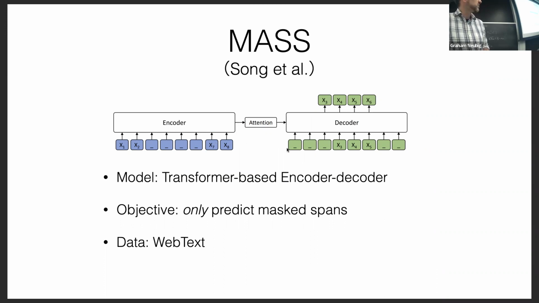And then I had another question, which is why are X1 through X3 and X6 through X8 masked out in mass? And actually X1 and X2 are masked out. In a normal encoder decoder, you would see X1, X2, X3, X4, X5, X6, X7, X8, and then on the input here, you would have the start of sentence symbol, and then Y1, Y2, Y3, Y4, Y5, Y6, Y7.